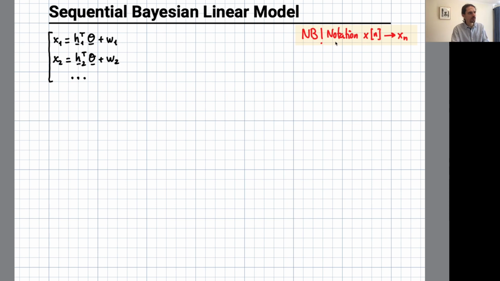We will be changing our notation. In the past we used square brackets to refer to the nth sample. Now we will be using a subscript, just to make the expressions that are coming up more pleasant to our eyes. So we see here that this is the sample observed at time 1, this is at time 2, and so on.